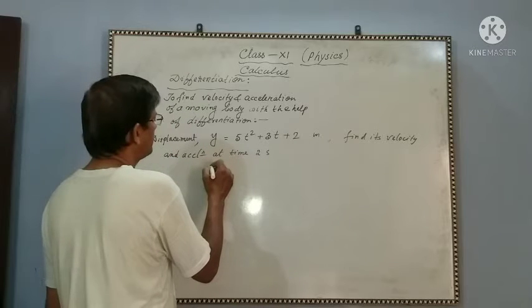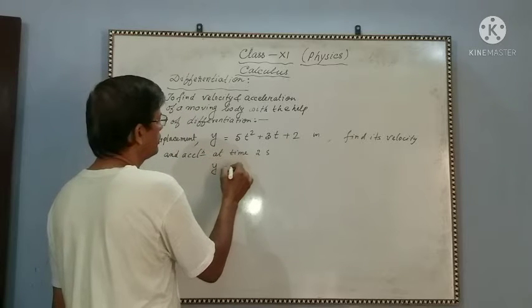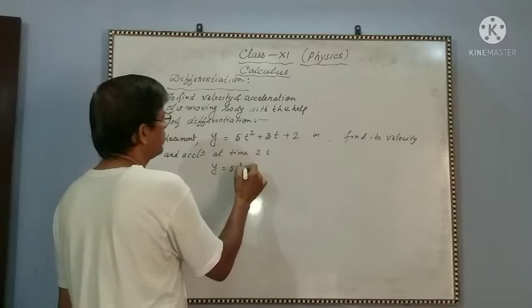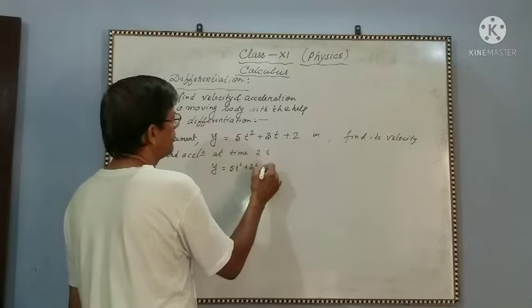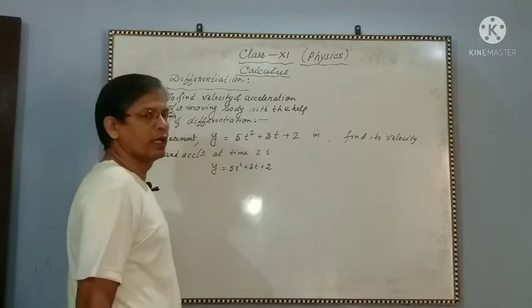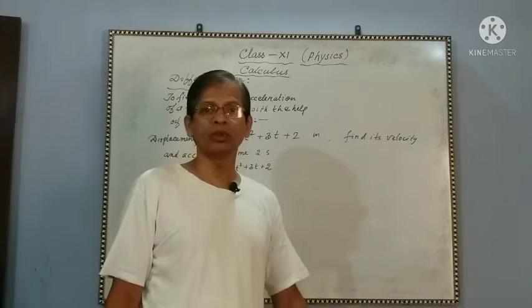So, we have y equal to 5t square plus 3t plus 2.